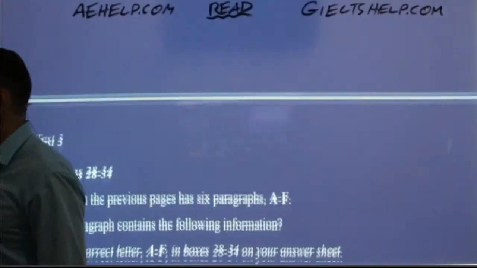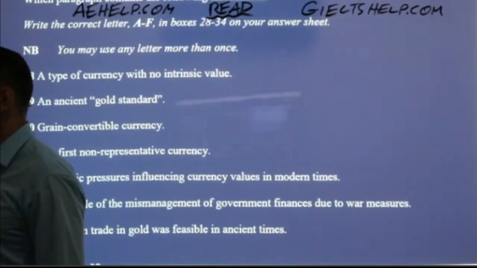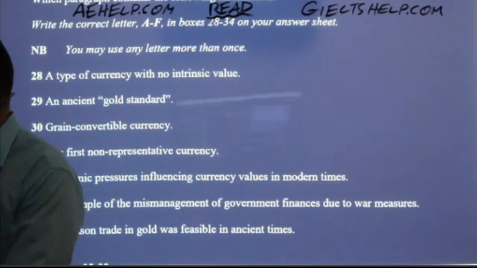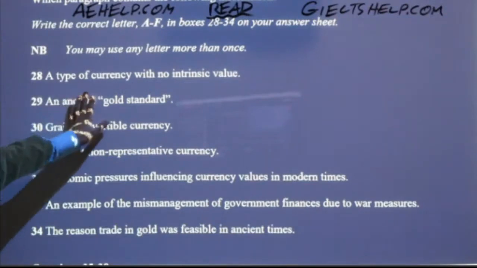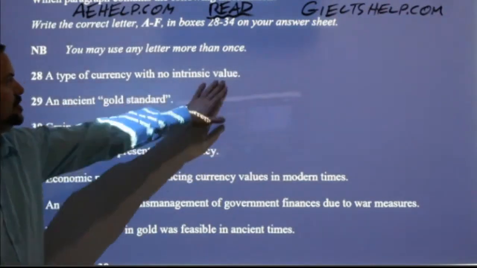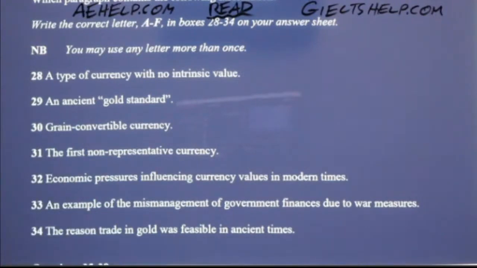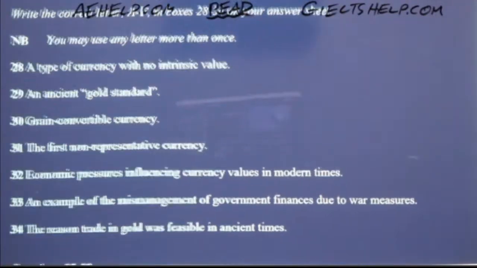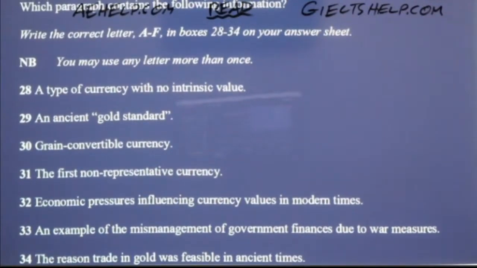Awesome. Let's do this. Let's see how confident, accurate, and quick we are. Okay. So, number 28. A type of currency with no intrinsic value. Which paragraph contains this information?